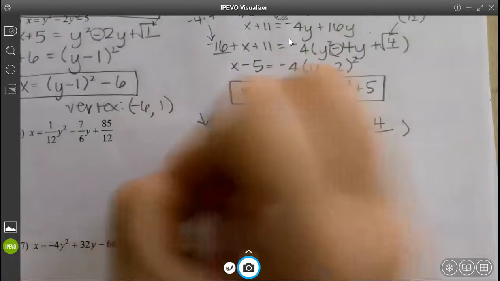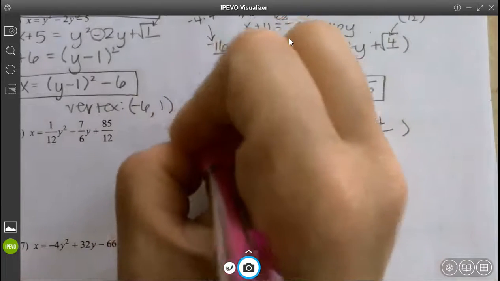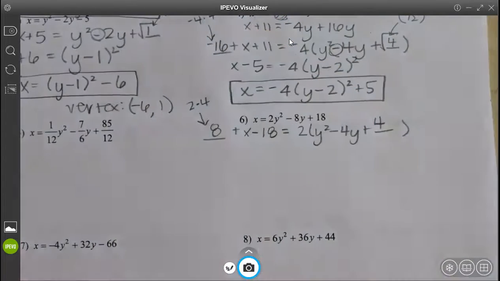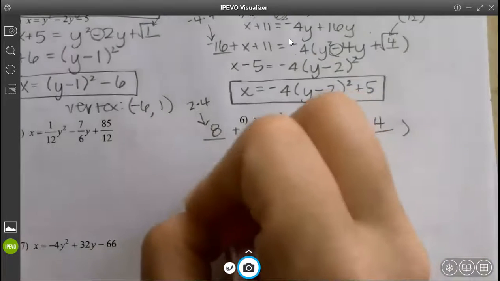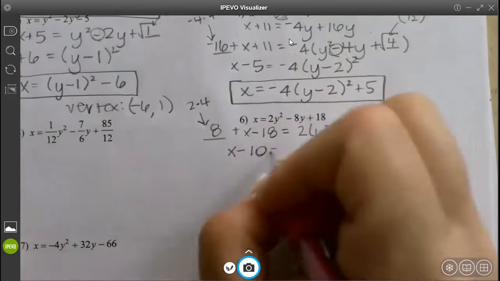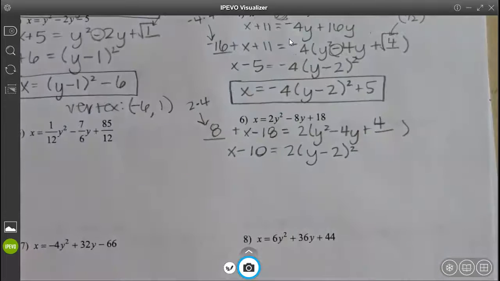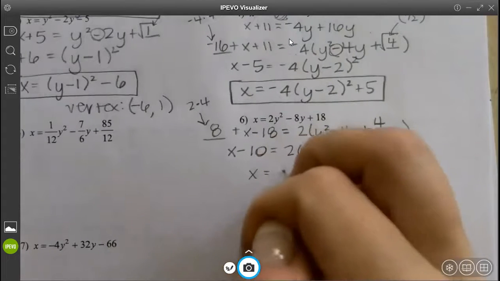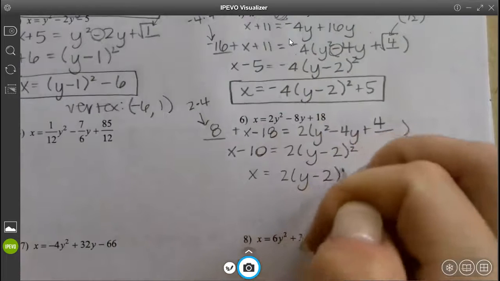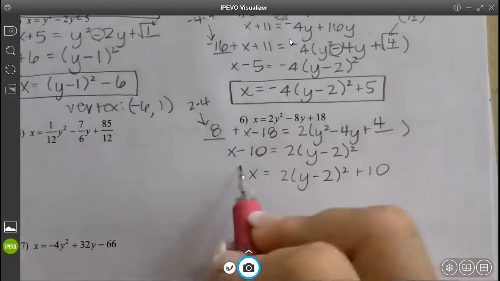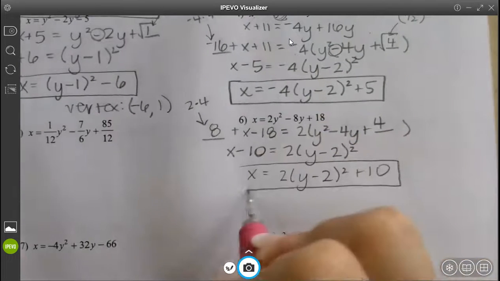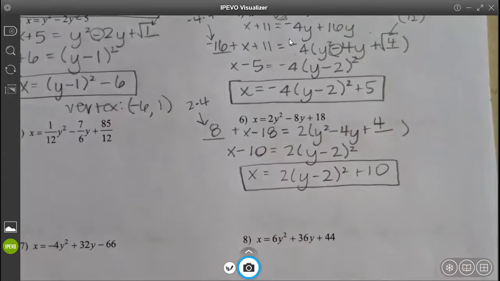But this blank is what you took out times what you put in. So it's going to be 2 times 4 or 8. Clean it up. We get x minus 10 equals 2 times y minus 2 squared. And then we're going to add our 10 to the other side. Any questions?